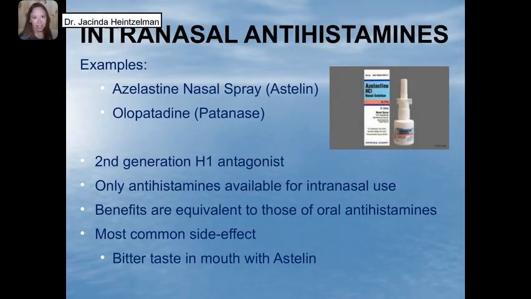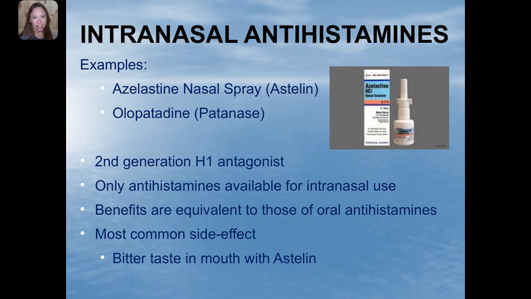We just talked about some of the PO or pill forms of antihistamines. There are two intranasal antihistamines that are also available. Again, these are working on the H1 or histamine 1 receptors, and they are going to be antagonizing or blocking those receptors.